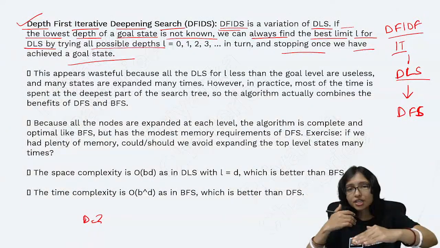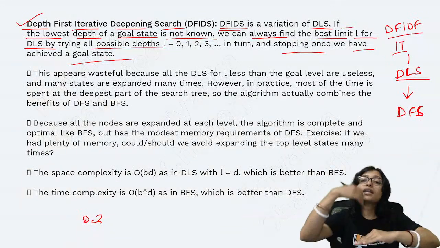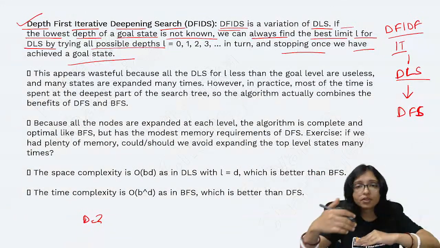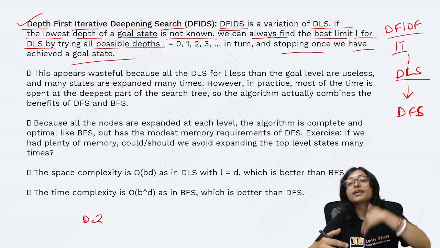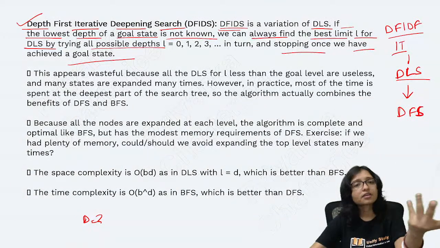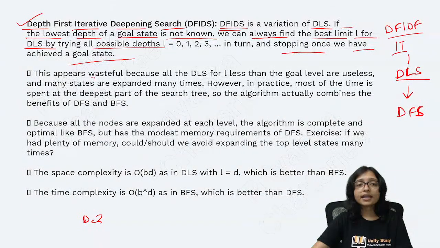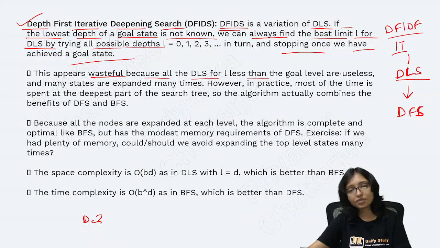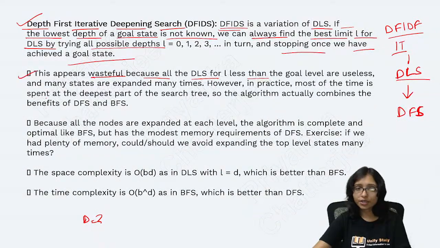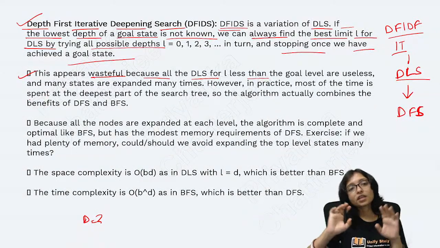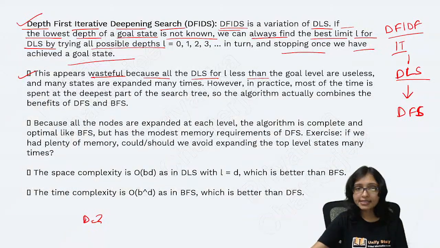Okay, in this iteration I am not getting it, so let's try for the next depth. Next depth also you are not getting it, let's go to more depth. That is the simple concept. It may appear wasteful, but the DLS explanation is the same as what I told here. Is that clear? Yes.